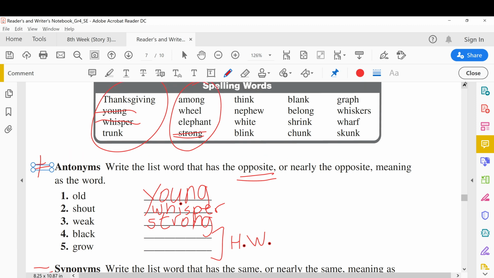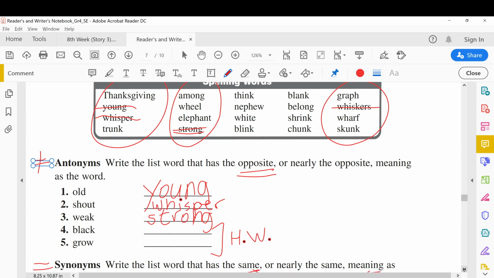Some people didn't like it, so they shave it. So a close meaning to beard is what? It's here. Graph, whiskers, wolf, skunk. The word we are looking for starts with w. It is whiskers. Cats have got whiskers.